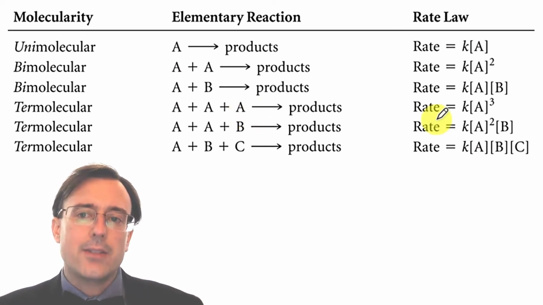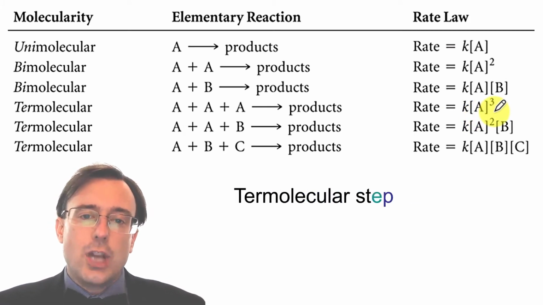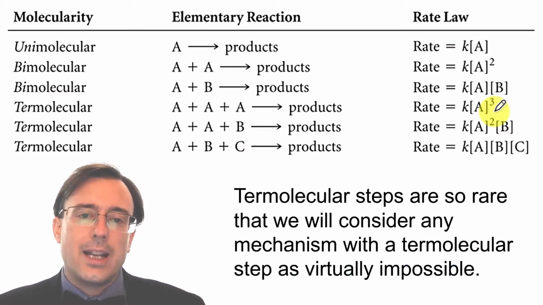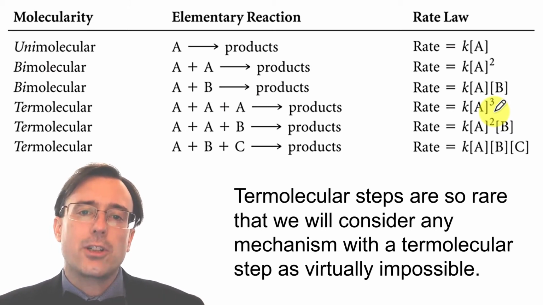So in that case, the rate is equal to a constant times the molarity of A cubed. In general, termolecular steps are going to be so rare, because it's very rare that three particles all bump into each other at exactly the same time, that we're going to consider any mechanism with a termolecular step as virtually impossible.